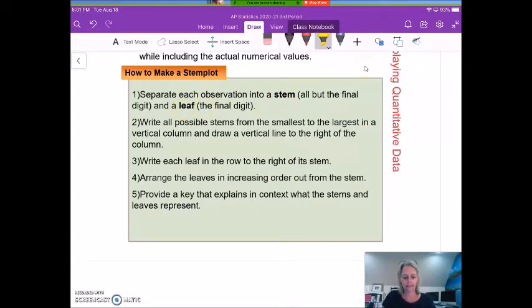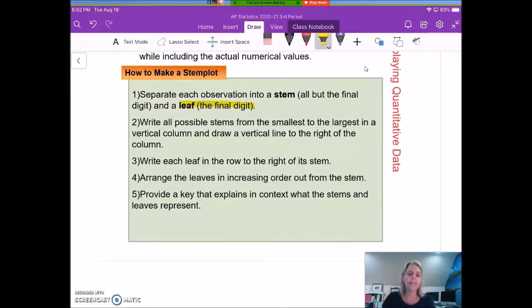So the key is that the leaf has to be the final digit. You can't have 2 digits and say that that's a leaf. You may need to decide to round your data to, say, the 100th place or the 10th place so that all of your data is consistent, and then use that final digit as the leaf.